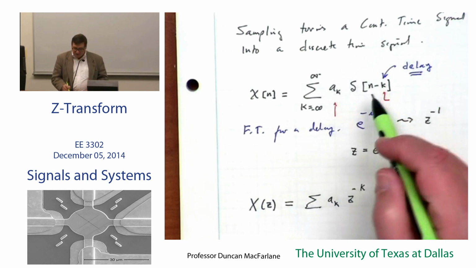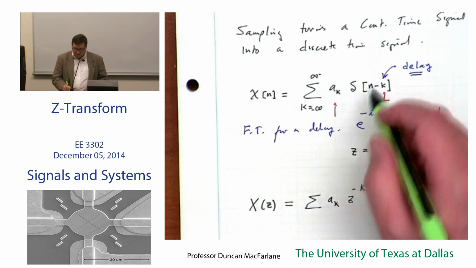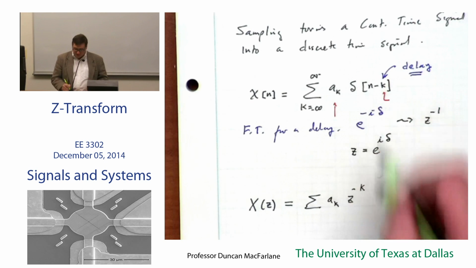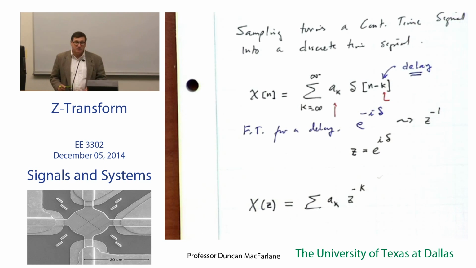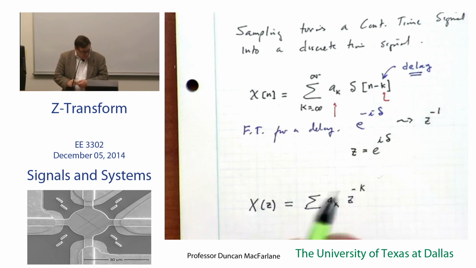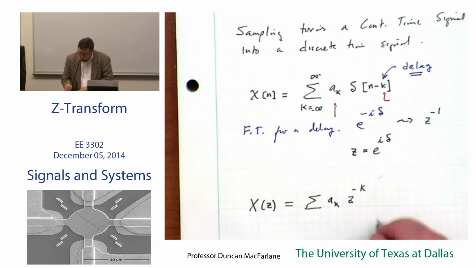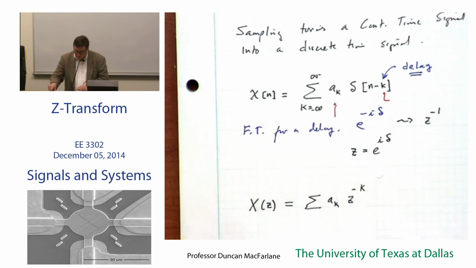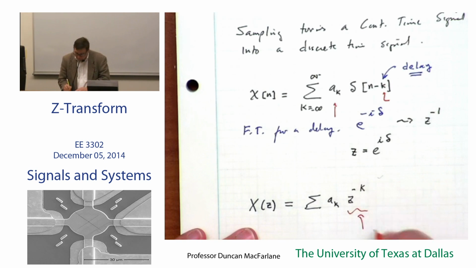We're just taking the delta functions, and the transform of the delta function delayed by k is just z to the minus k. Okay, so the thing to notice is that this z to the minus k is a shorthand for a delay or a shift in time.